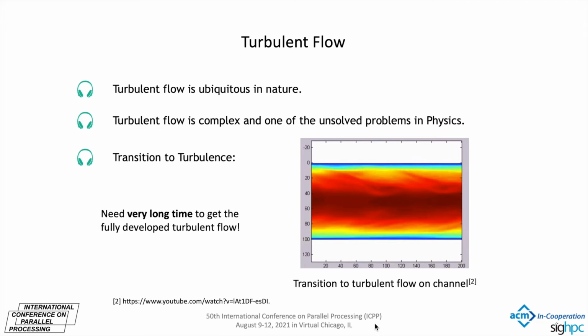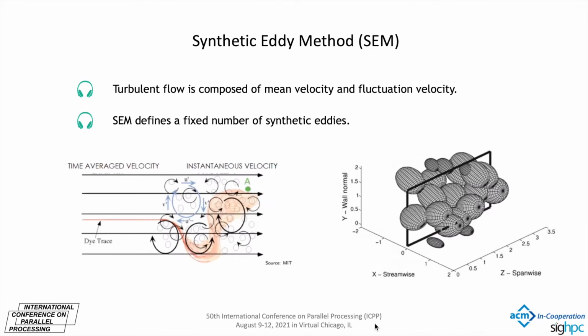But as you can see, it takes a very long time for the fluid to become fully developed turbulent flow. So the common way to generate turbulent flow is the synthetic eddy method, which is SEM.